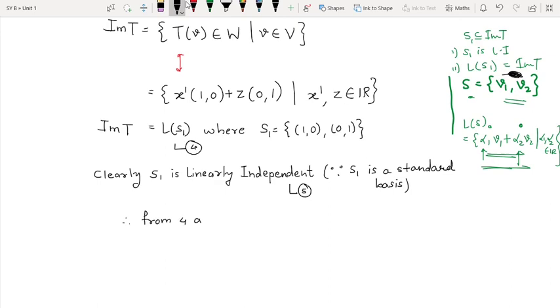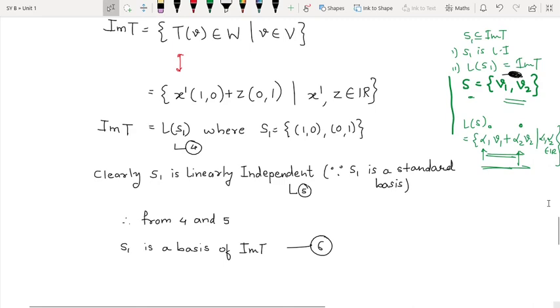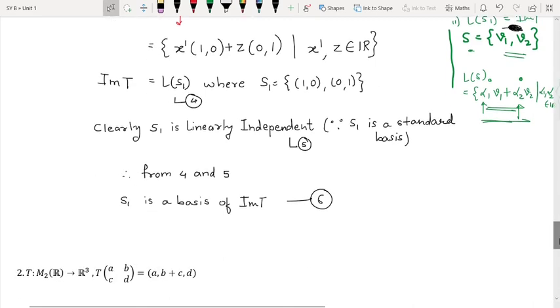Therefore from 4 and 5, S1 is a basis of image of T. We will call it sum 6, and therefore, what is the dimension of image of T?